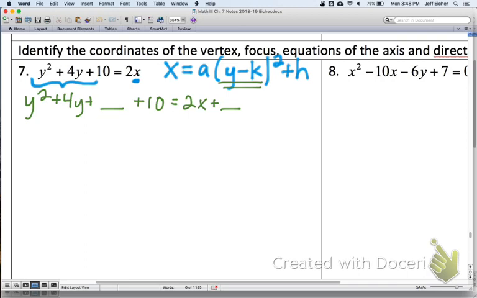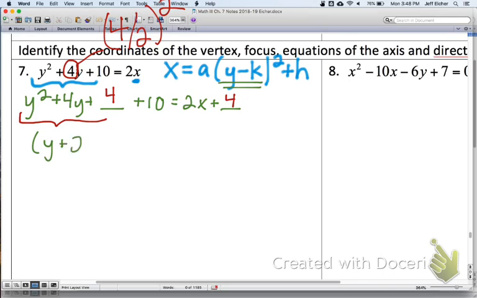So to complete the square, we're going to take this 4, we're going to do 4 over 2 and then square it. That would be 2 squared, so 4 and 4. Okay, now we can factor this right there. We can factor that to be (y plus 2) squared plus 10 equals 2x plus 4.